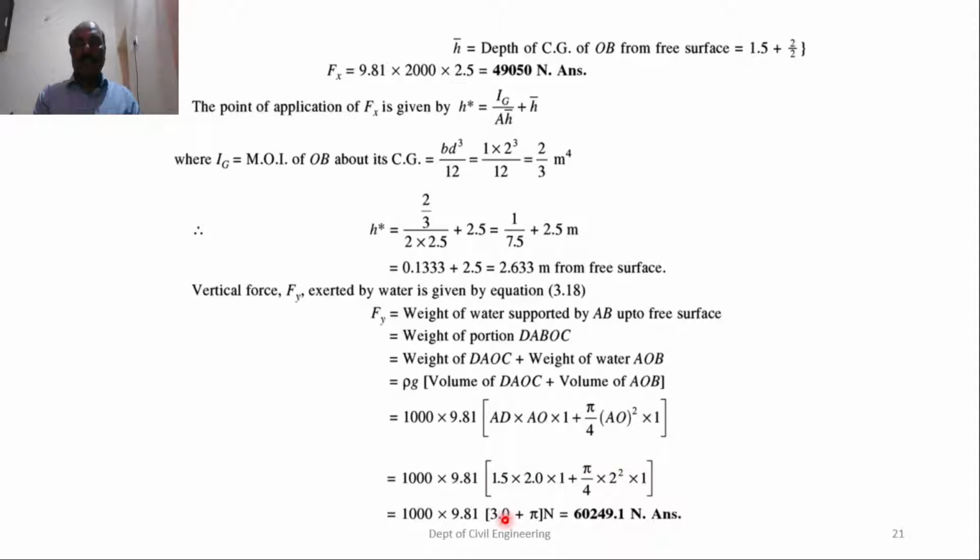So the total pressure force in the y direction is 60249.1 Newton.